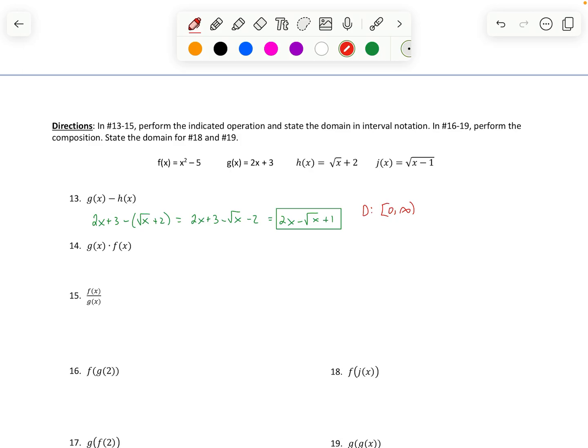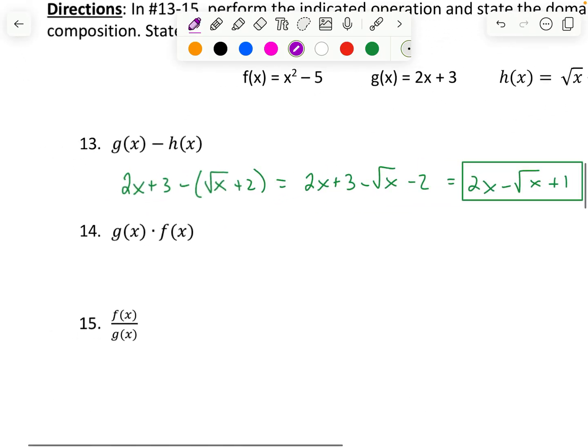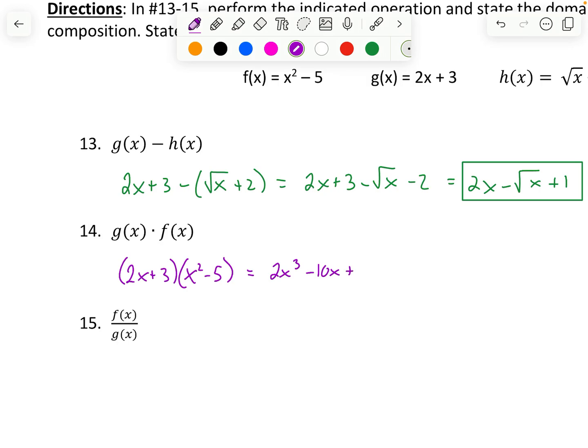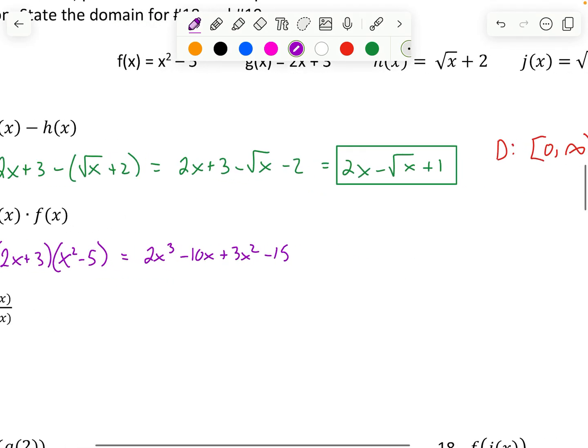14, g times f. So it's 2x plus 3 times x squared minus 5. And now we're just foiling, getting 2x cubed minus 10x plus 3x squared minus 15, which in standard form is 2x cubed plus 3x squared minus 10x minus 15.